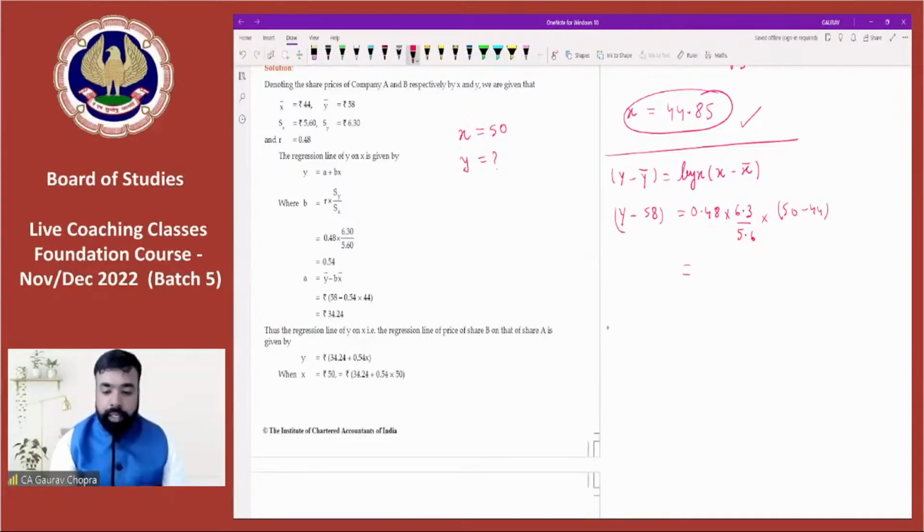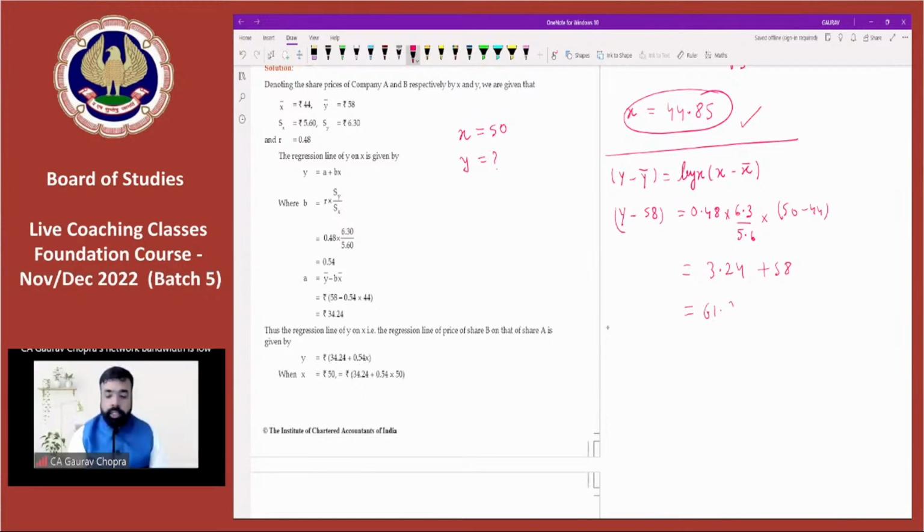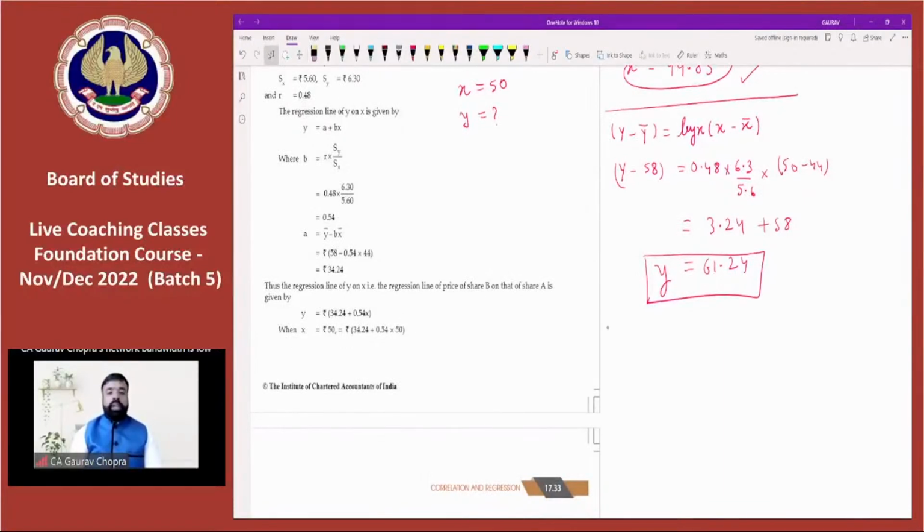So this side is 3.24 plus 58. So 61.24. This is the value of y.